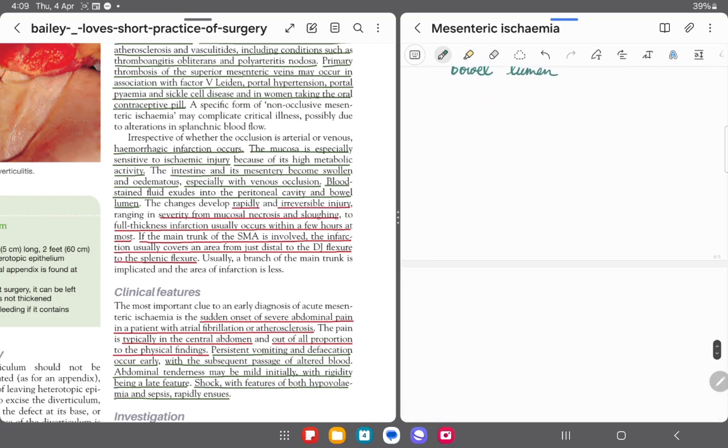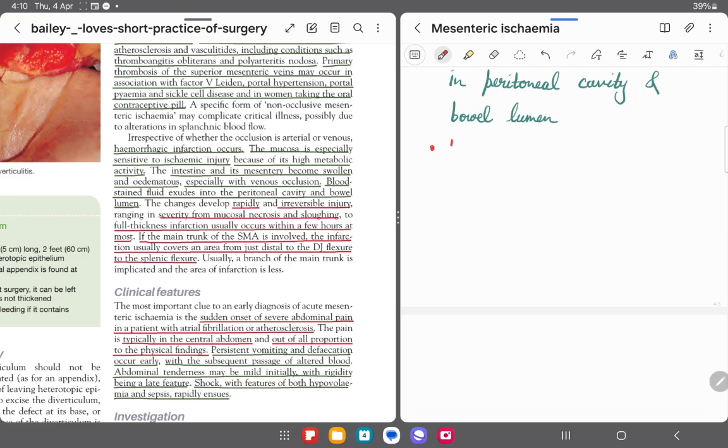And the most important point is that the mucosa is especially sensitive to ischemic injury due to high metabolic demand.